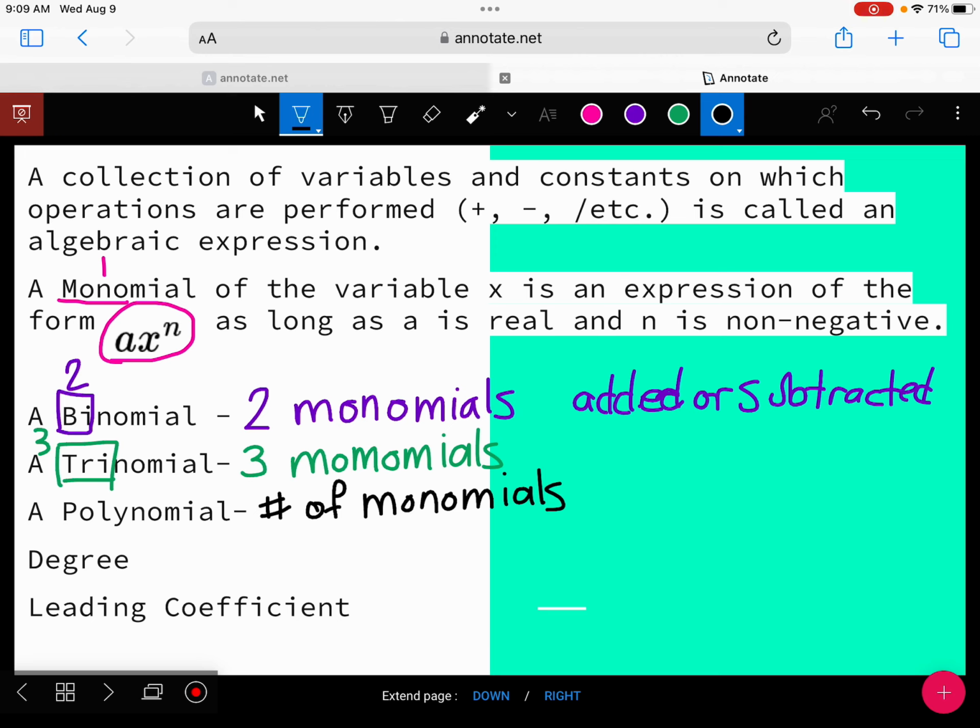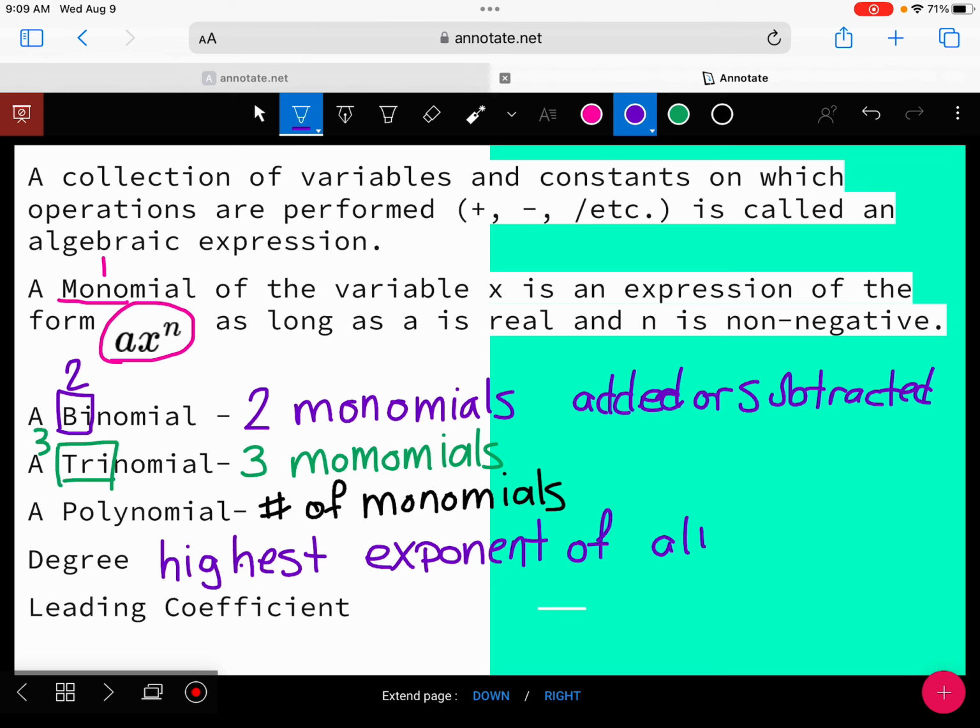That kind of thing. So other things that could come up, the degree. Degree is your biggest exponent, the highest exponent value of all terms, or all monomials. So if we think about a quadratic, I'm just going to put it on the dry erase board.